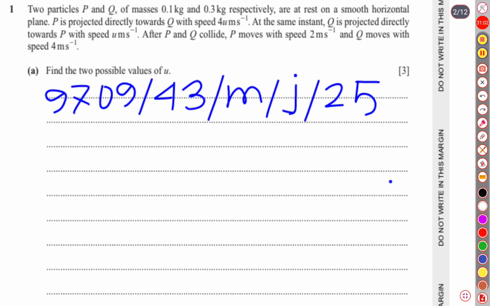P is projected directly towards Q with speed 4 meter per second. At the same instant, Q is projected directly towards P with speed u meter per second. After P and Q collide, P moves with speed 2 meter per second and Q moves with speed 4 meter per second. Question A says find the two possible values of u.